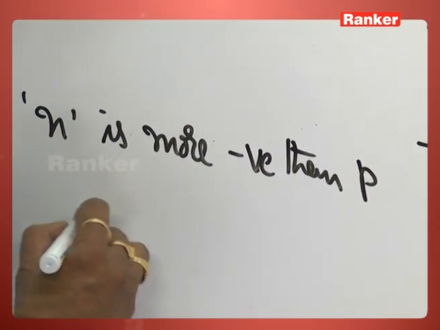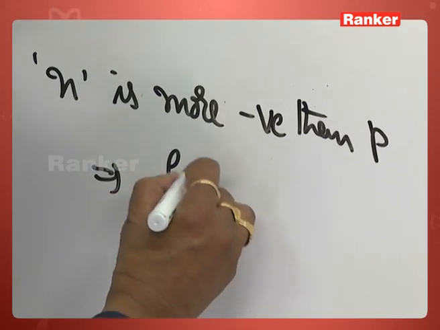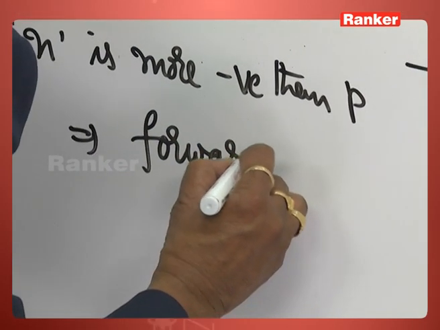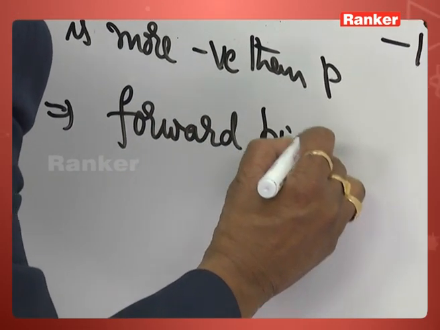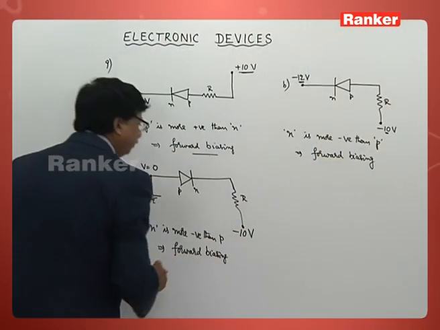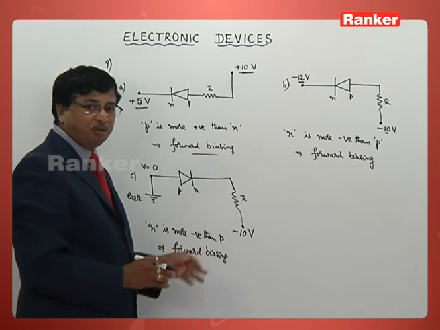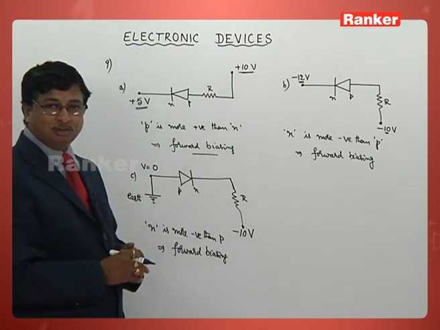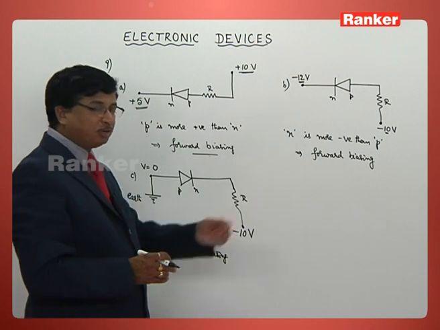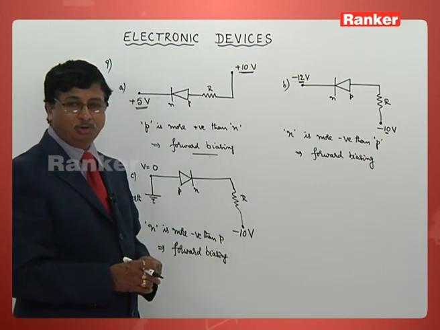So what we can understand, this implies it again is forward biasing. So when you can identify out of 4 options, 3 of them are in forward biasing, then obviously the correct option must be the fourth one. There is no doubt about it.